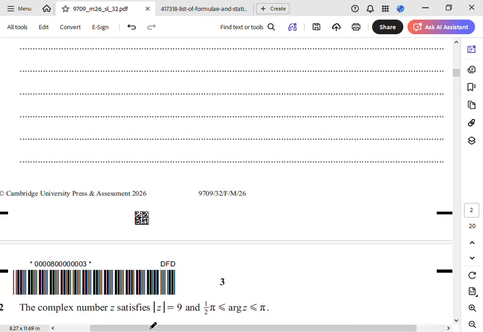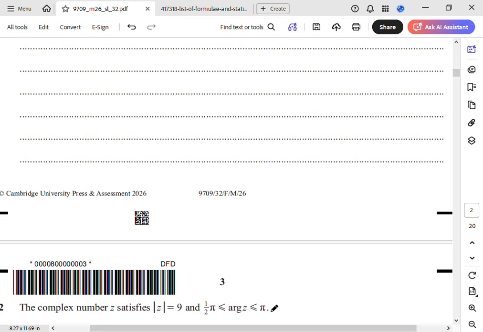So this is a familiar type of equation. If you take the modulus of a complex number and it's equal to a constant real number, then you know that this is an equation of a circle with a radius of 9, and the center would be 0, 0. It says the argument has to be between pi by 2 and pi.